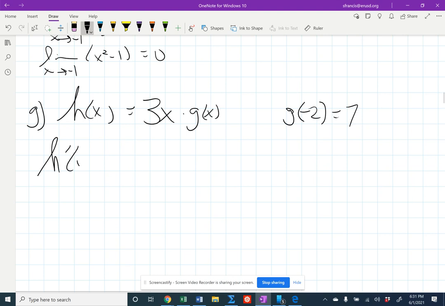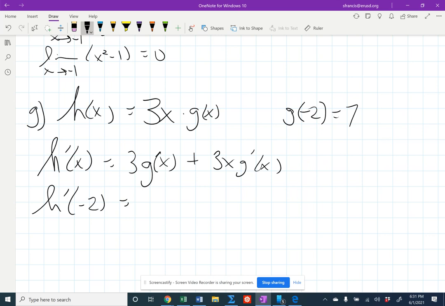So we've got to find h prime of x first. So it's going to be 3 times g of x plus 3x times g prime of x. So h prime of negative 2 is going to be 3 times g of negative 2 plus 3 times negative 2 times g prime of negative 2.